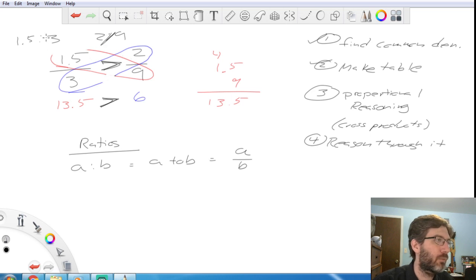So this here's a fraction bar, this here's a fraction bar. Just different ways to write them. Yeah, this would also be a fraction bar too. Okay, hopefully you're good, Charlie.